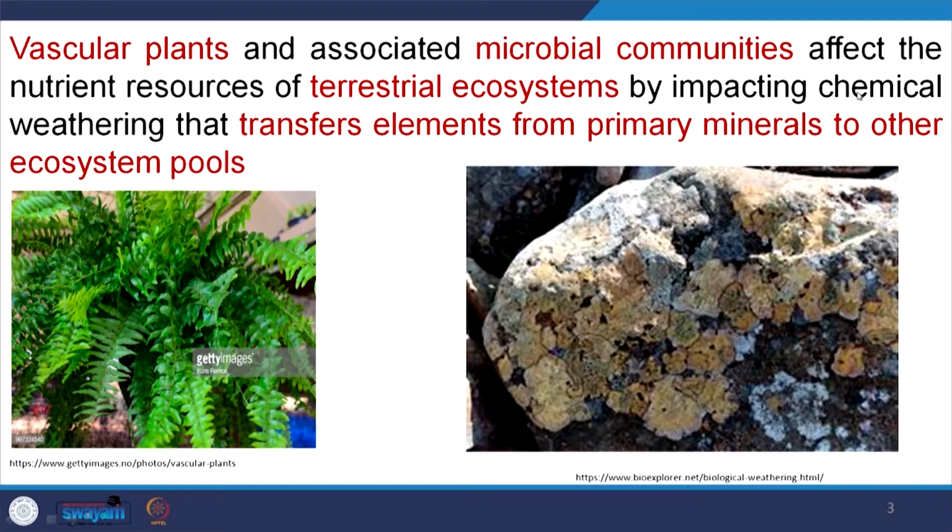So, different agents are there, and from these rocks to other places, the nearby area, they spread, and finally this nutrient supply becomes uniform, and the supply remains as long as the plants or the micro communities grow on the rock surface. That is why I want to say these micro communities and vascular plants are very responsible for the mineral nutrient supply to this ecosystem.